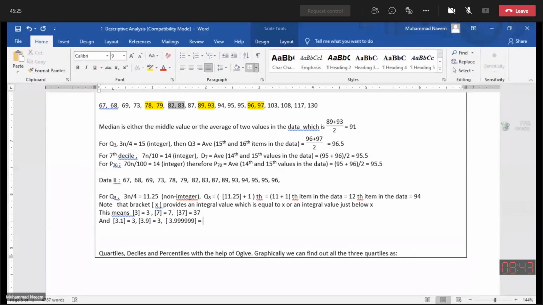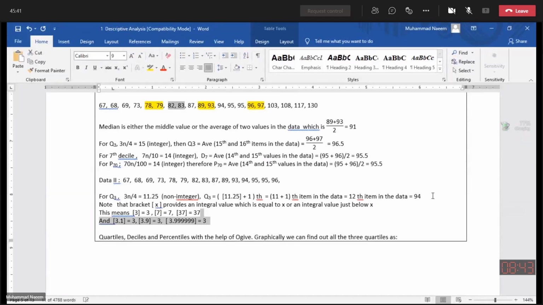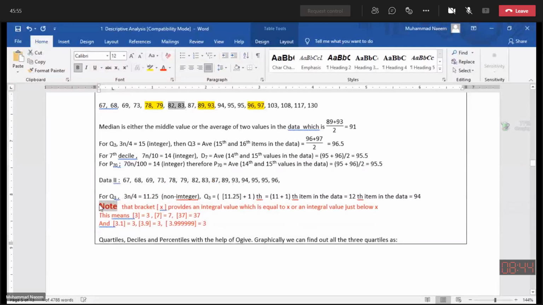Therefore, the bracket function will provide us an integral value just below this point. So remember this note.